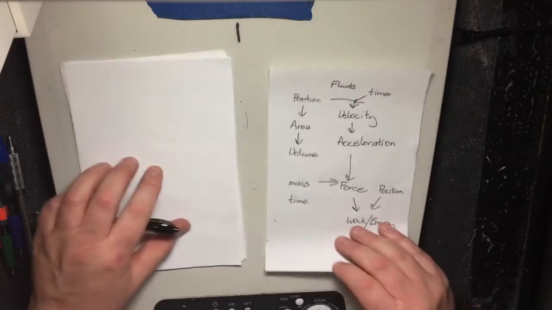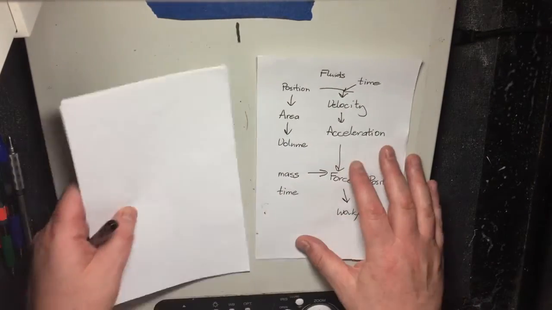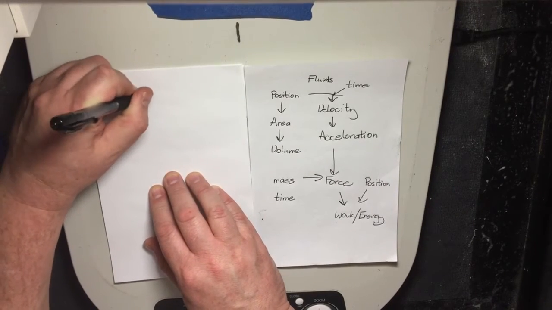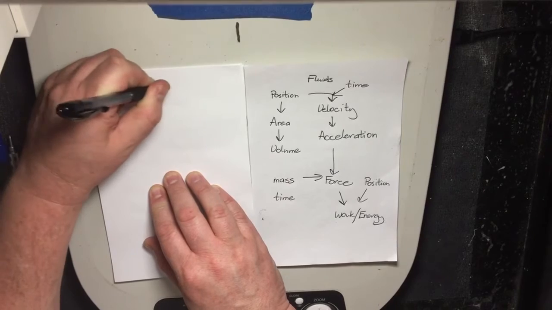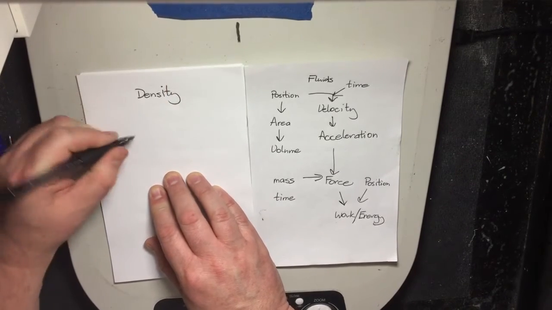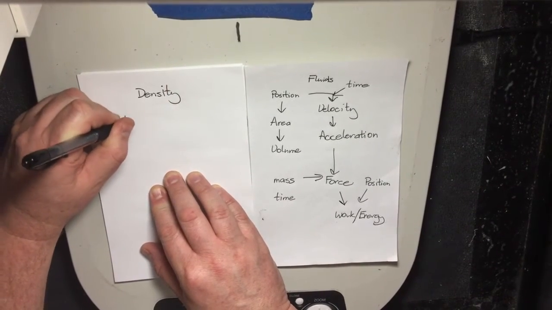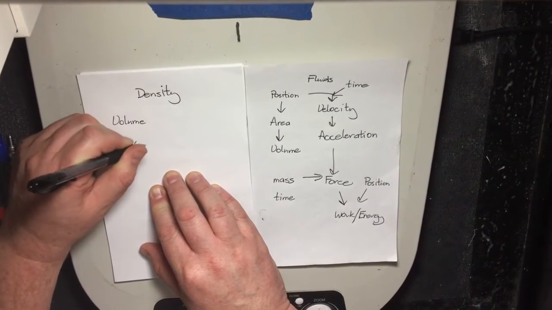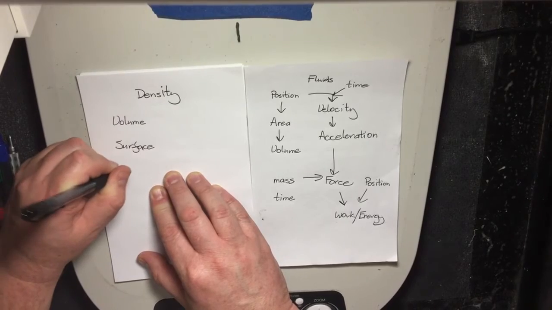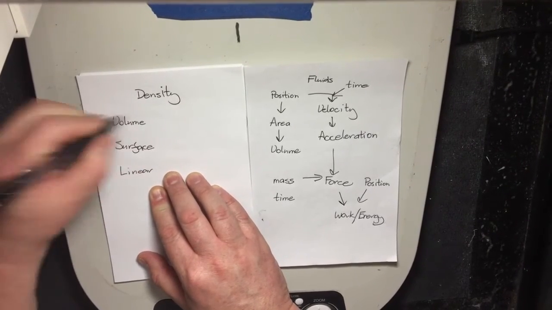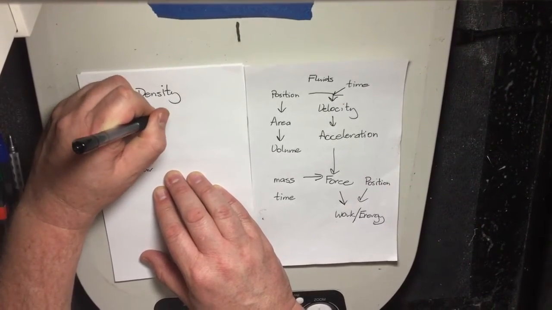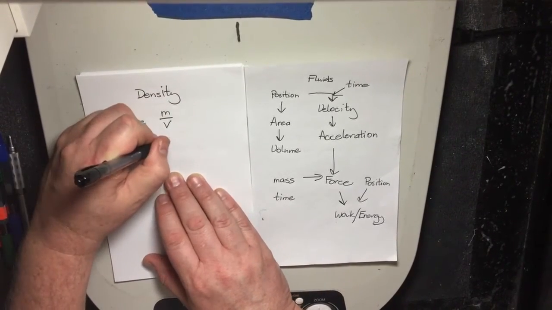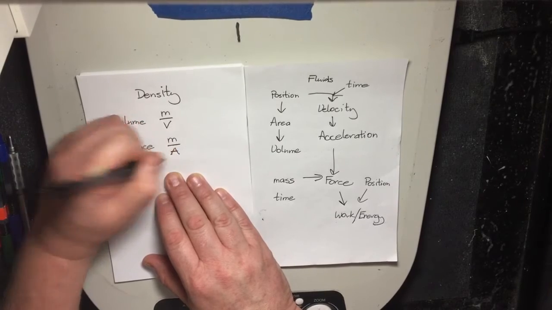And one of the things we introduced in the Tuesday lecture is the idea of density. There is volume density, surface density, and linear density. Volume density is the one we're most familiar with: mass divided by volume. Surface density is mass divided by area.